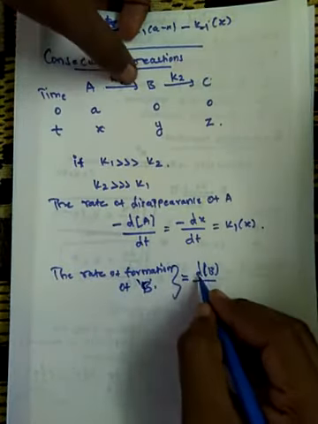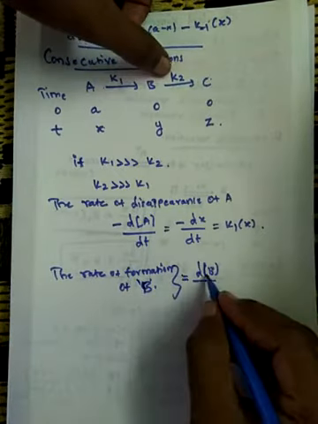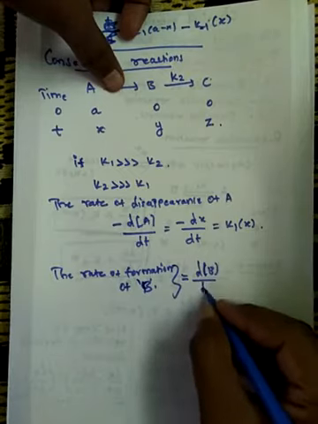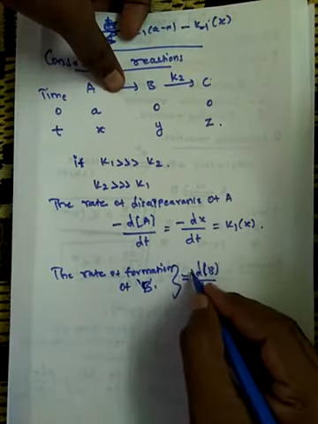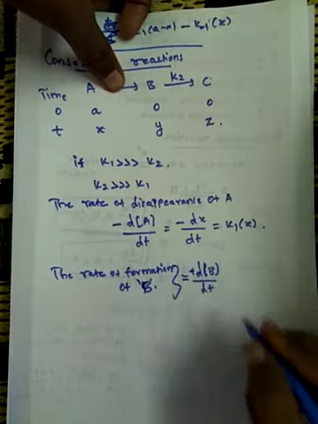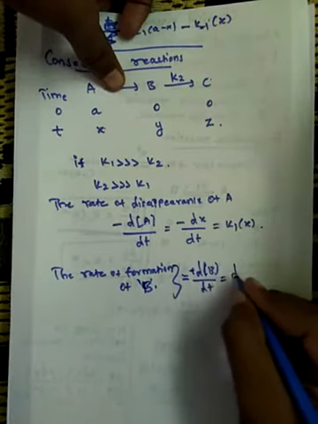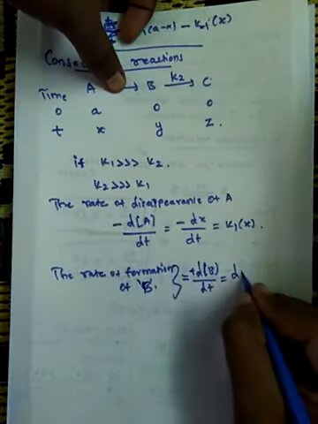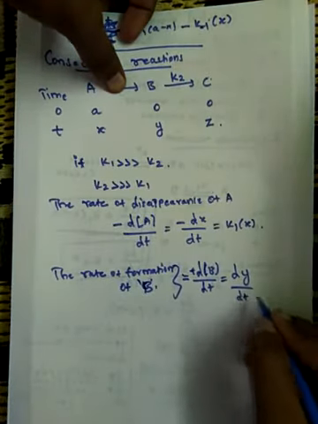So I'll write the rate of formation of B as dB by dt. Here you see a positive sign, given by dy by dt, because at time t the concentration of B is y.